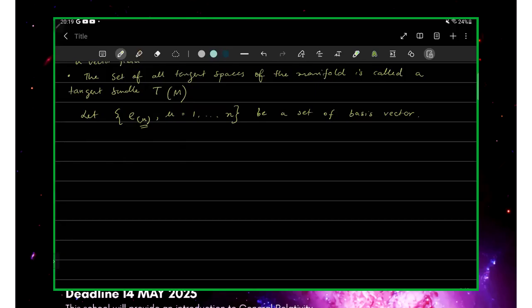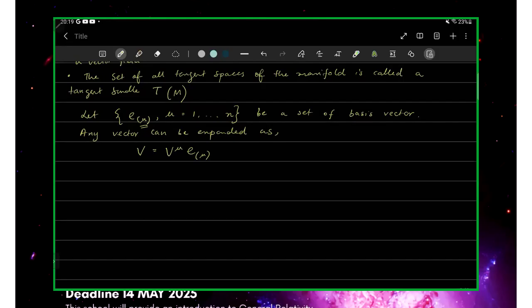So using this basis vector, any vector can be expanded as the following, where we can write it using the help of the basis vector as follows.